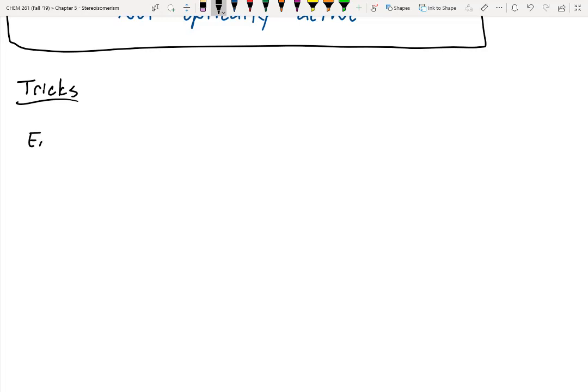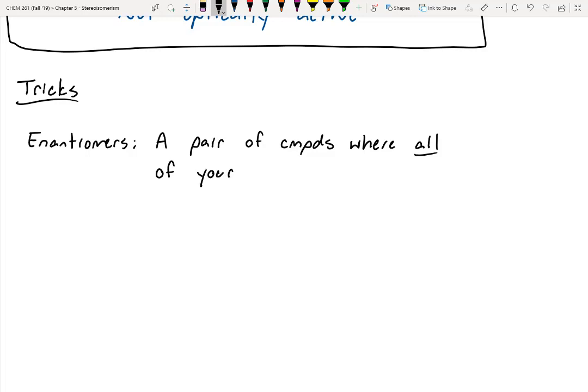So enantiomers. It's a pair of compounds where all of your stereocenters are flipped, but connectivity is the same.